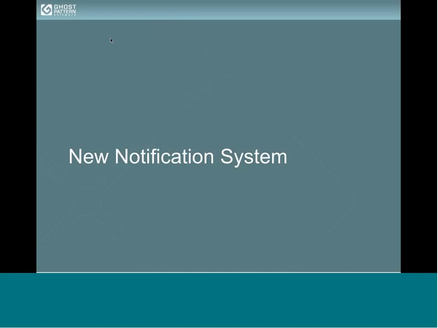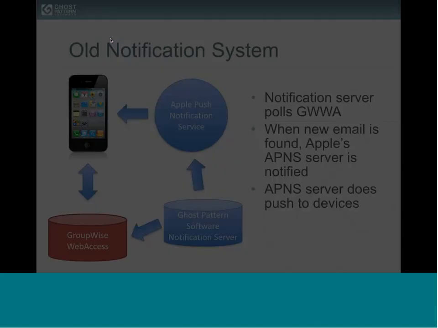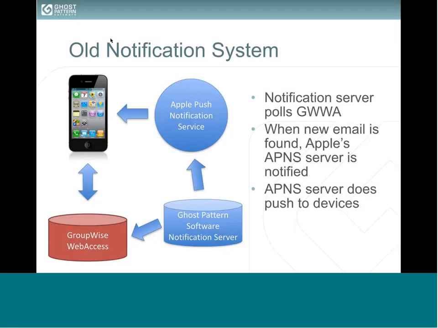So let's talk a little bit about the notification system. So with the old notification system, we're working within the restrictions that Apple set for us. So basically what that meant was you couldn't run in the background as an app.